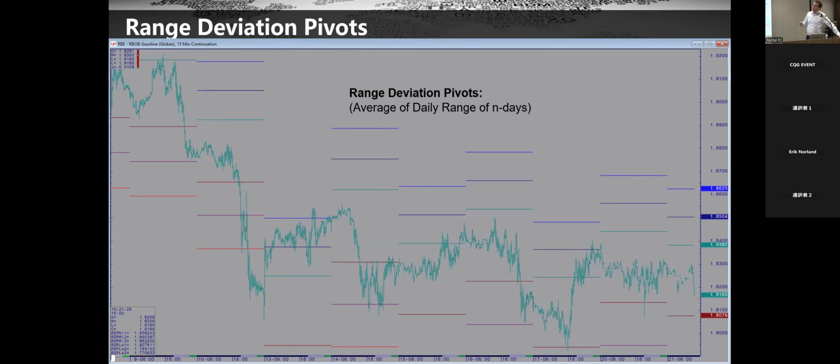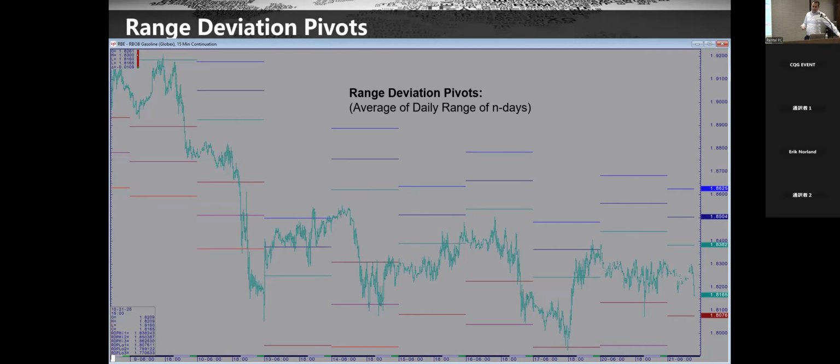Here, what we've got for Schoen's deviation pivot is an average of n days of data. So rather than looking at yesterday's information only, I think the default would be 20 days. So we're looking at a whole month's worth of daily ranges, and that will produce a specific line on the open of the day.